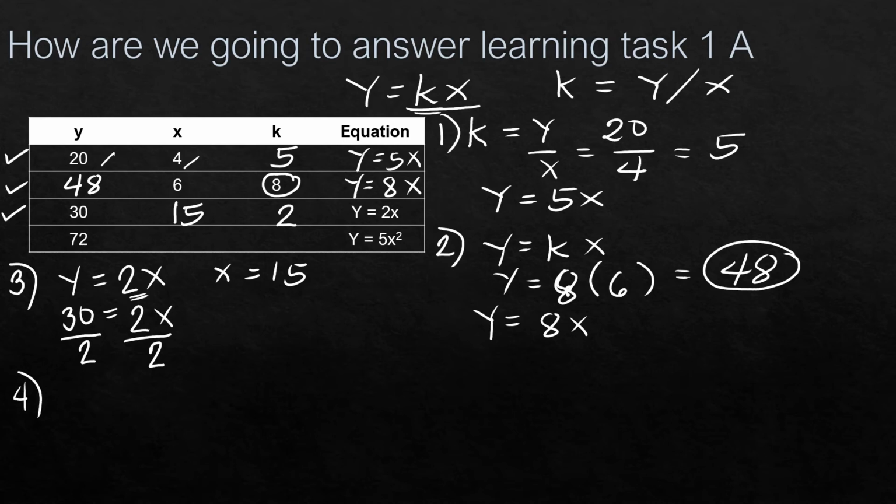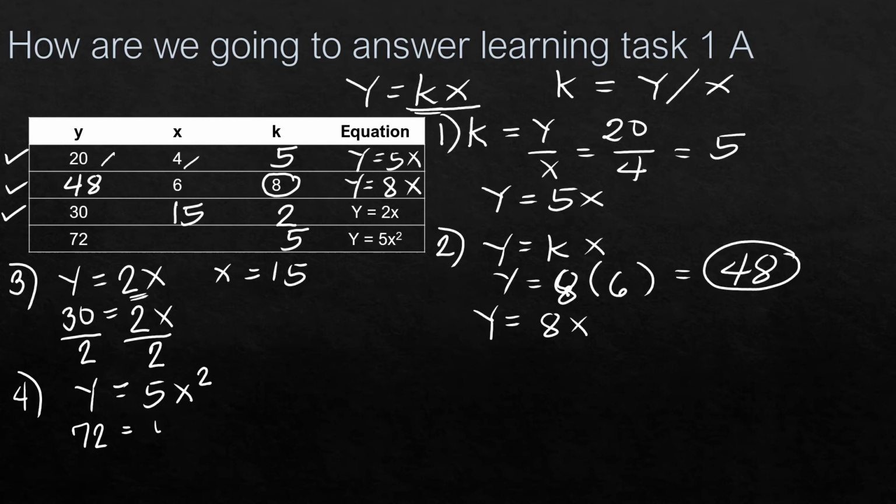Tapos na tayo sa third line. Fourth line, ito naman natin sasagutan. Punta muna tayo sa k para madali. Ang k lang natin is yung 5, kasama lang siya ng equation. Then, for our x, our equation is y is equal to 5x squared. Our y is 72.